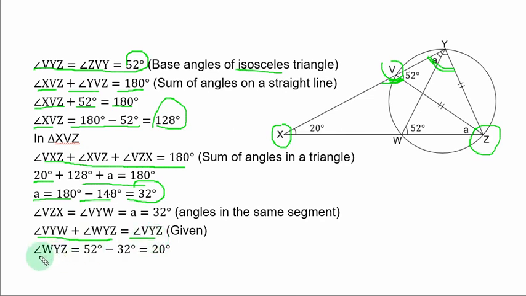From that place, you get angle WYZ to be the entire angle 52 degrees minus A, that is 32 degrees, and you have 20 degrees. So we are interested in this place, WYZ. You know the entire angle as 52 degrees. You've got A, so you subtract A from 52 degrees to get WYZ to be 20 degrees.